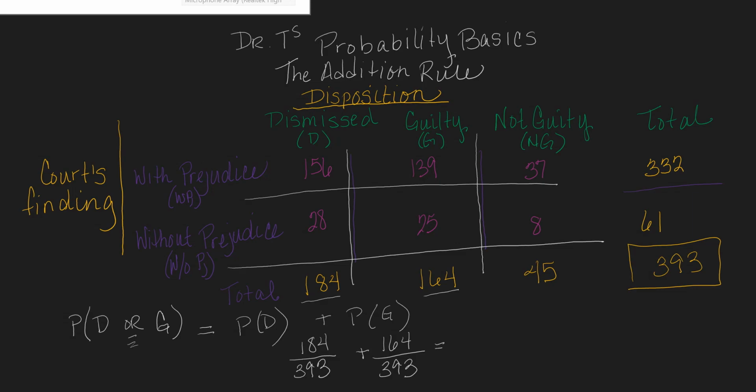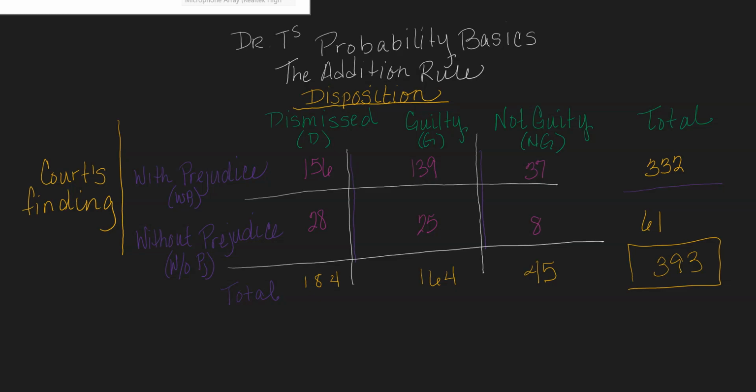We can go ahead and add these two fractions, and then go ahead and do that division. So 348 divided by 393. And roughly, the probability that we would pull one of the cases we reviewed and find that the defendant's case had been dismissed, or the defendant in the case had been found guilty, it's roughly 0.885.